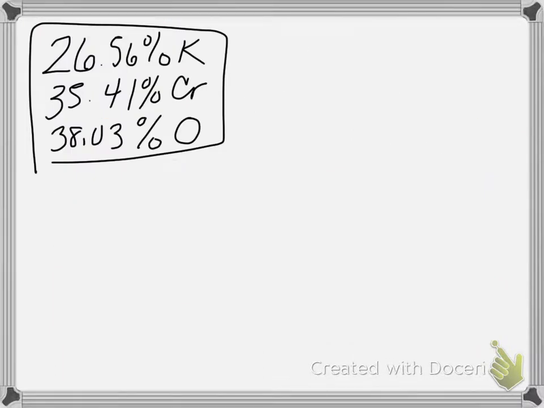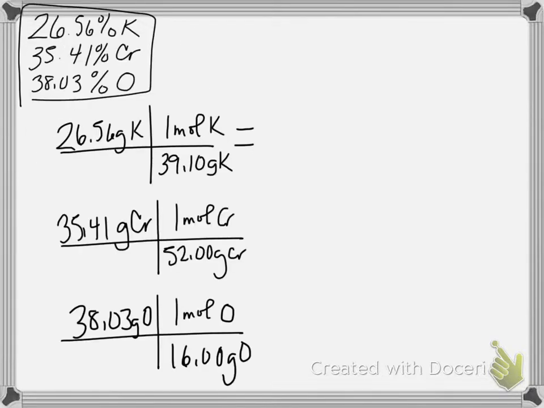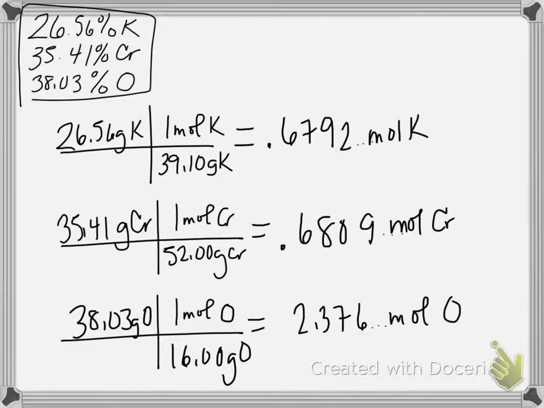Okay, we have this stuff. We're told it's 26.56% potassium, 35.41% chromium, 38.03% oxygen. We've got to make our imaginary 100-gram sample and set up our stoichiometry. That part's easy. Okay, we've got these all set up. We're ready to get the number of moles of each of these that we would have in a 100-gram sample. So we have the number of moles of each of these. Now what do we have to do?